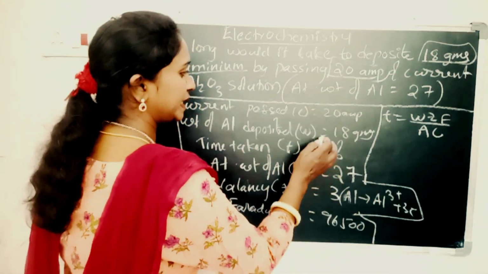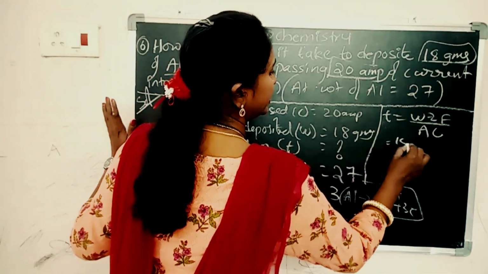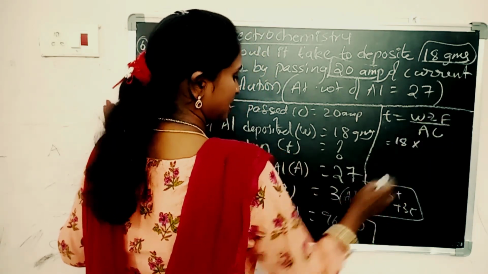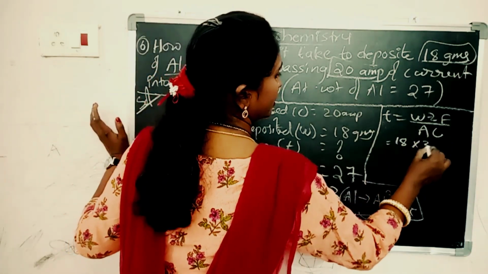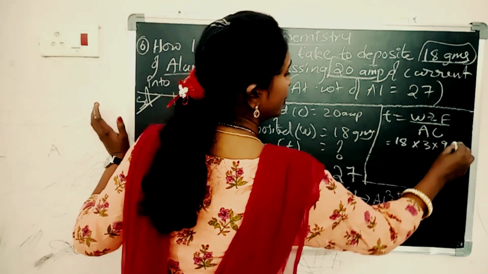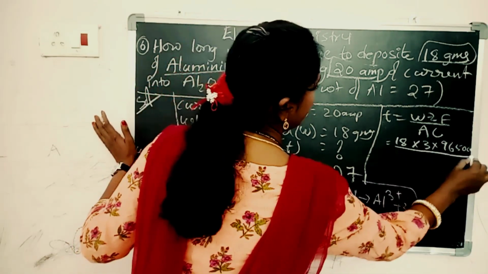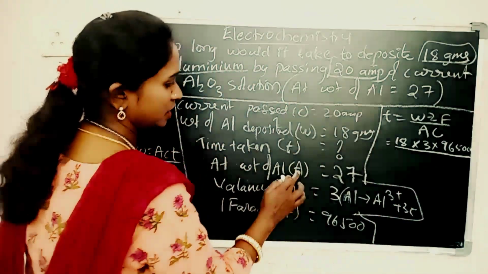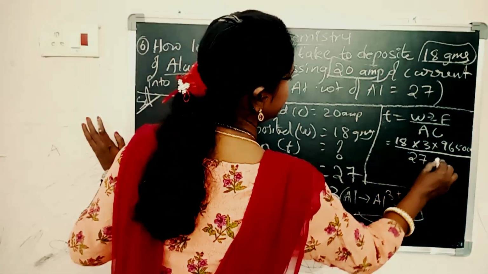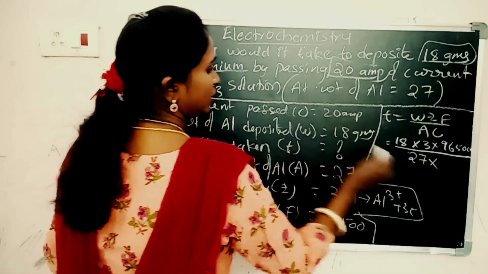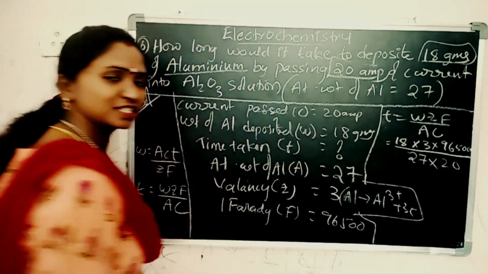So what is W here? 18 grams. Z = 3. F = 96,500. A = 27. C = 20 amperes.